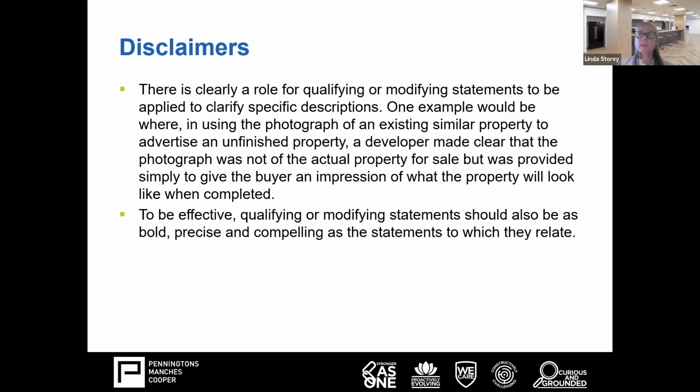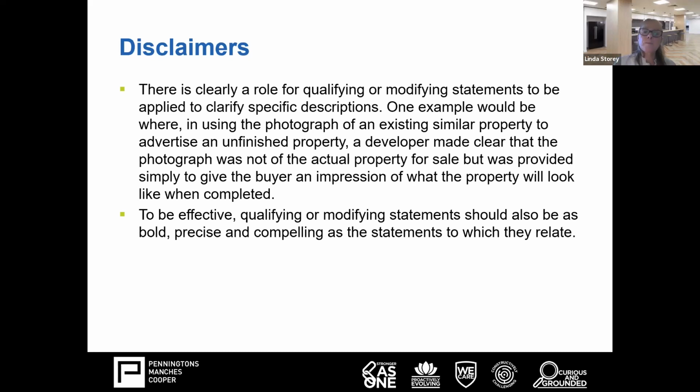Now, disclaimers. I think disclaimers are an important thing to look at, because they have a really key role in any advert. I've put there, using a photograph of an existing similar property to advertise an unfinished property.